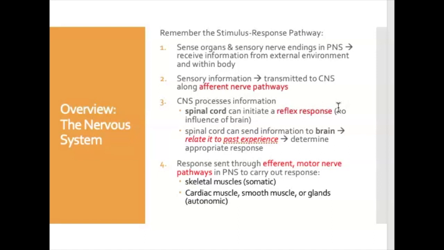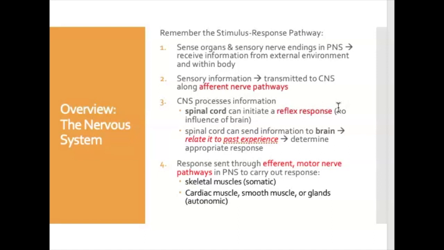When you think about the brain integrating information, I want you to think about the brain acting as a storehouse of all of the experiences that you've had in your life. Because essentially what the brain does when it integrates incoming sensory information is it relates it to all of the past experiences that you've had in your life.